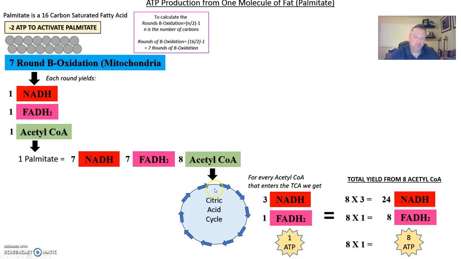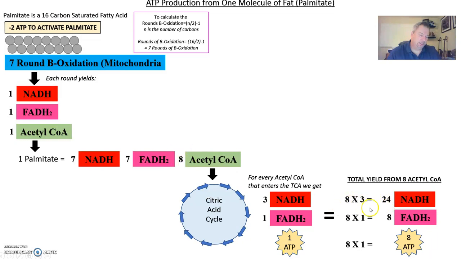The acetyl-CoA will make their way to the citric acid cycle, or Krebs cycle, once again. And as they do so, for every acetyl-CoA that enters the citric acid cycle, we're going to get 3 NADH, 1 FADH2, and 1 ATP. And we've got to multiply that by the 8 acetyl-CoA.